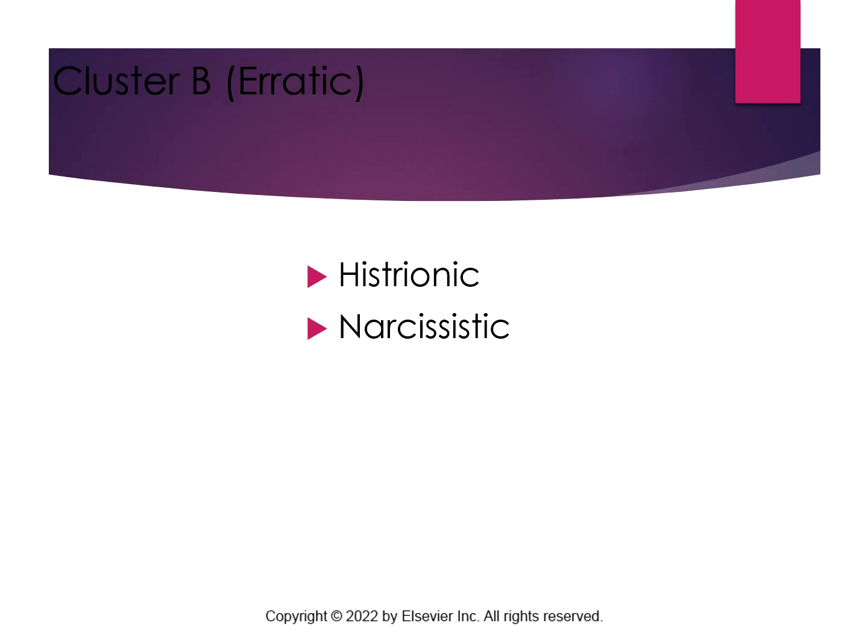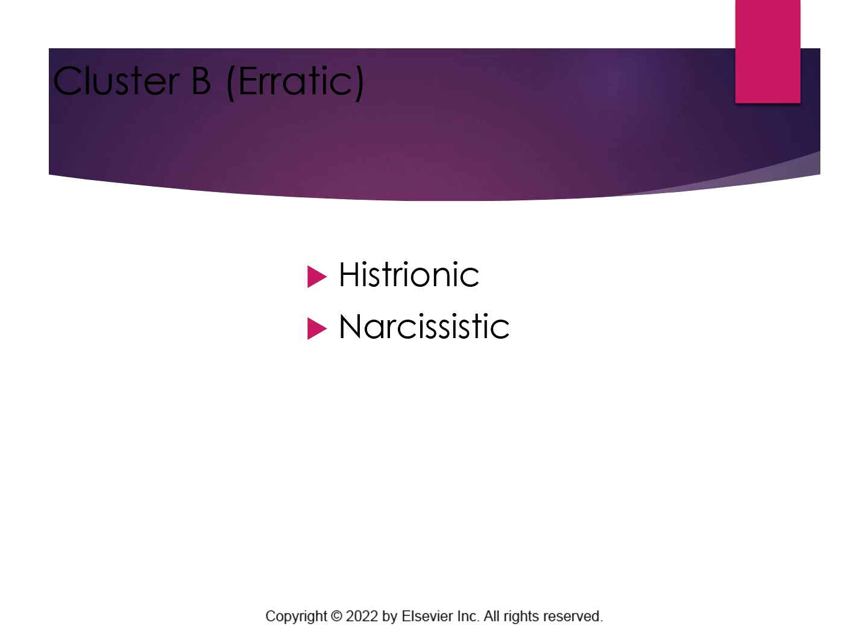And then your cluster B, your erratic cluster, would be your histrionic and your narcissistic personality disorders. And so your antisocial personality disorder and your borderline personality disorder are the two that would be very intense personality disorders.